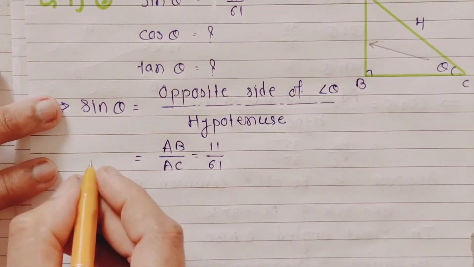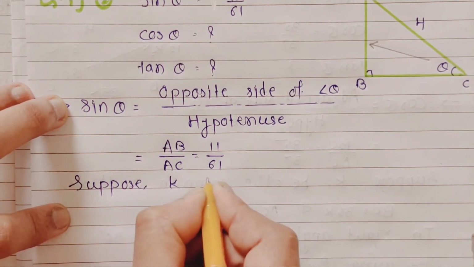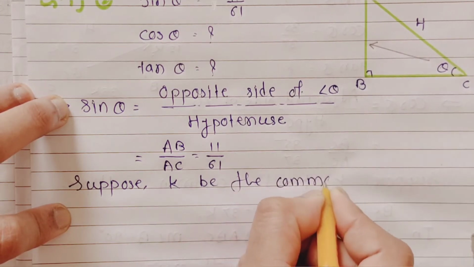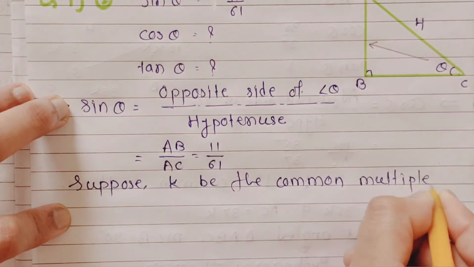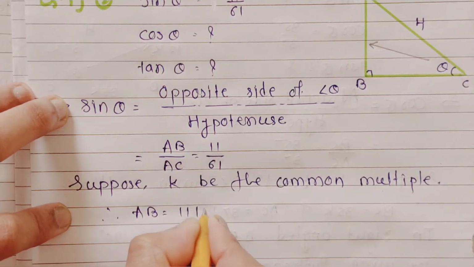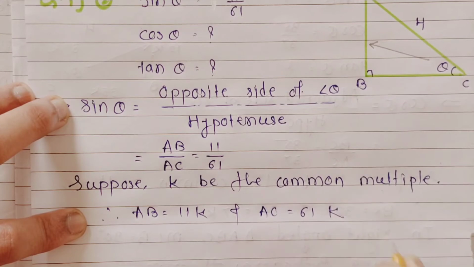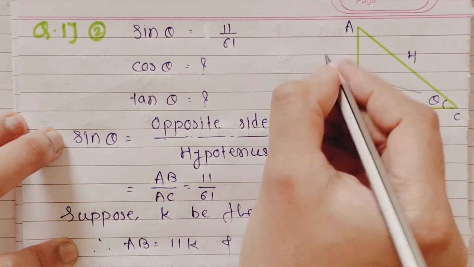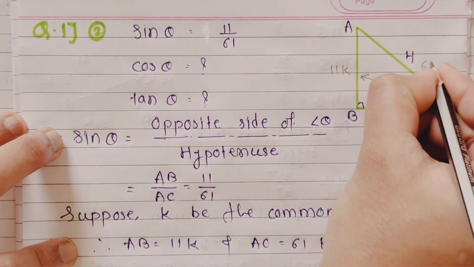Suppose we take K as the common multiple. So therefore we can write AB is equal to 11K and AC is equal to 61K. Is it clear? So here let us mention AB is equal to 11K and AC is equal to 61K.